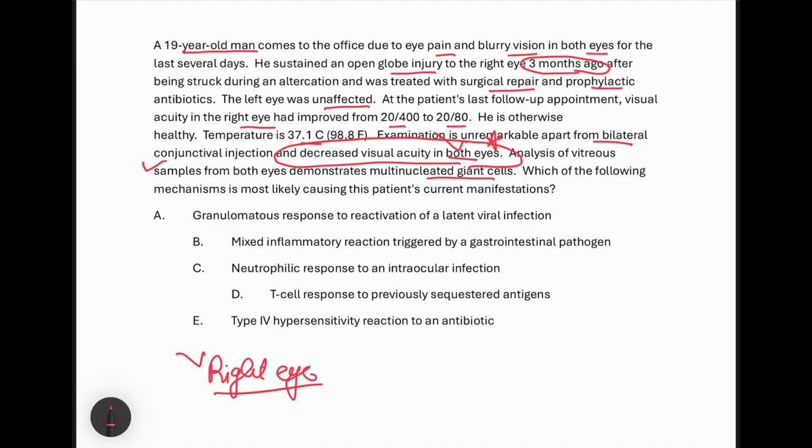Actually, this patient with a traumatic injury to the right eye had developed granulomatous inflammation of both the injured and non-injured eye.